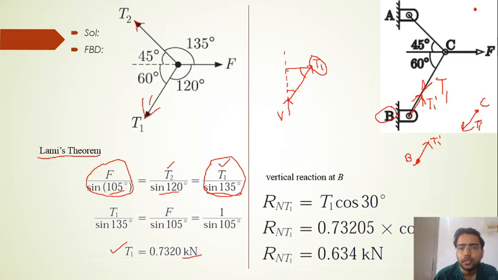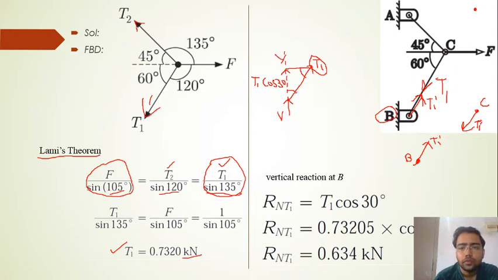So T1 cos 30, and that will be acting in this direction. T1 cos 30. Right. Okay. So we found that the force that is acting because of the bar BC in upward direction is T1 cos 30 in y direction.